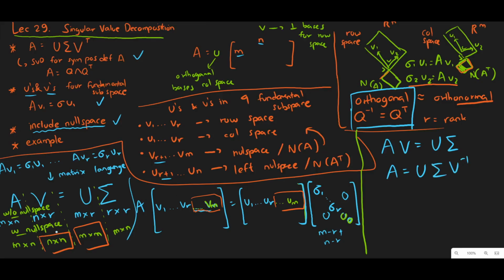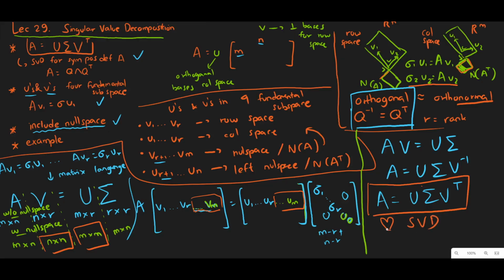Now we see that V is square. Then we can have U sigma V transpose. Now this equation right here is what I introduced initially. You see, it here is the heart of SVD. Let's put a little heart there.